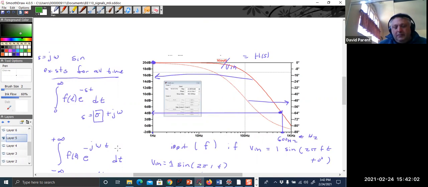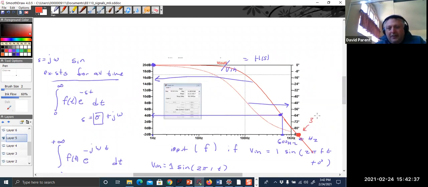Now, I'm going to pick another point. I'm just going to try to extend this a little bit. So at this point, I'm going to call that 3 kilohertz.